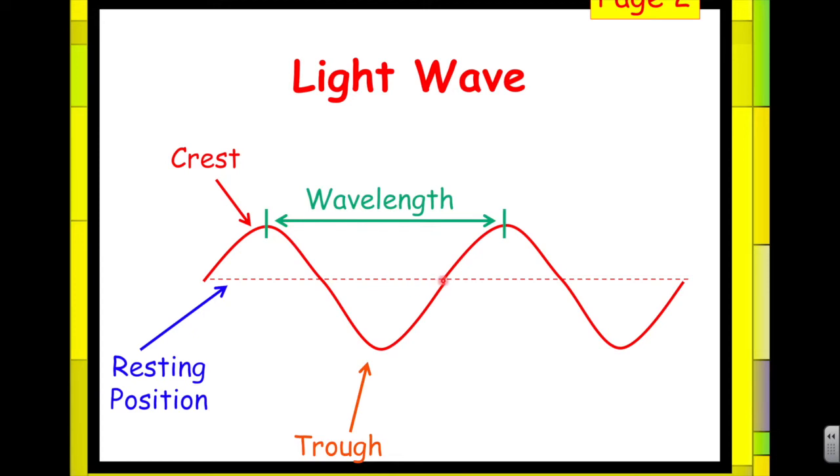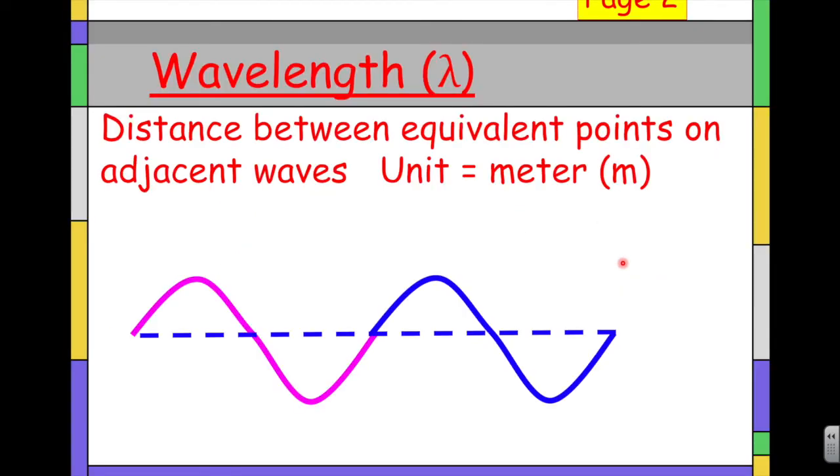It is the same, but most people just go from crest to crest. The amplitude is going from the resting position to a crest, or the resting position to a trough. They are the same. The amplitude is really mostly referring to sound. We don't really use amplitude when it comes to light.